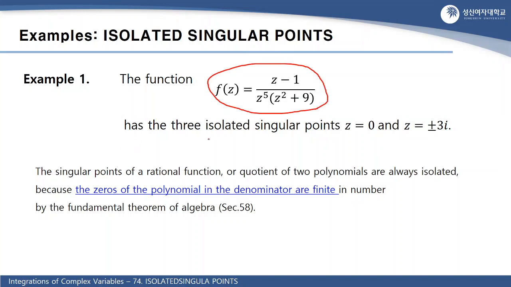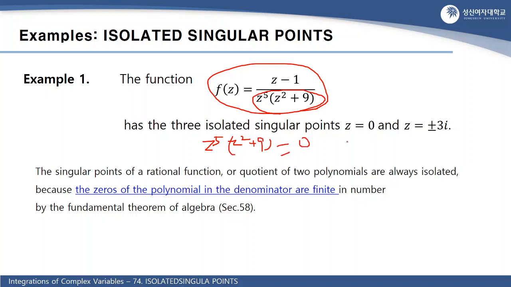Okay, this function has 3 isolated singular points, which means that we know that an isolated singular point makes the denominator 0. So here we consider the denominator z to the 5 times z squared plus 9 is 0.